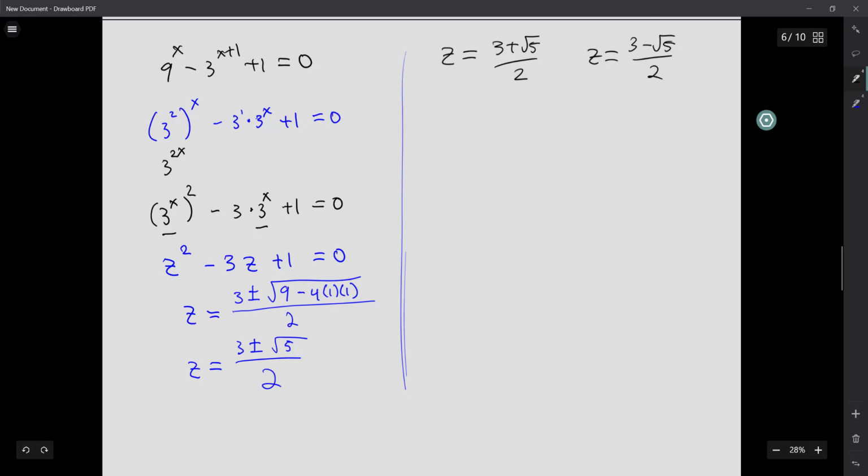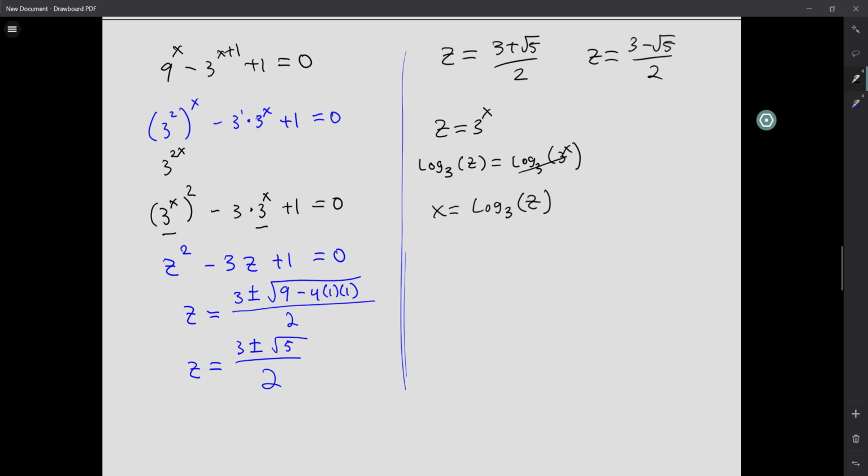But that's z, and my z is equal to 3 to the x. So if I want to solve for x, because my problem is in x, my answer should be x equals, I need to do log base 3 of both sides. And I'll get x equals log base 3 of z, which means I have two answers.